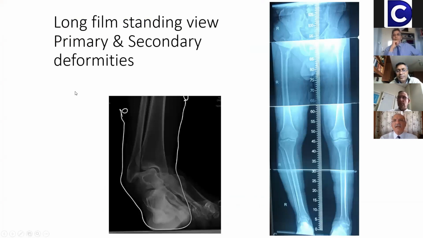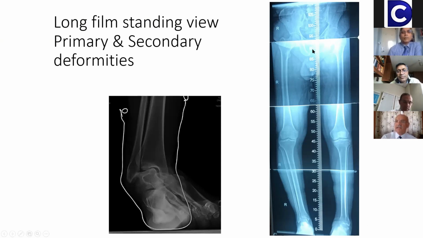In general, some people just do plain X-ray, AP and lateral, but this is not enough. You need again the long film, AP and lateral, because sometimes you have secondary deformities. And perhaps you have another deformity on the other side, which you have to put in mind before correction of the deformity. This patient came to me with poliomyelitis of the left side.